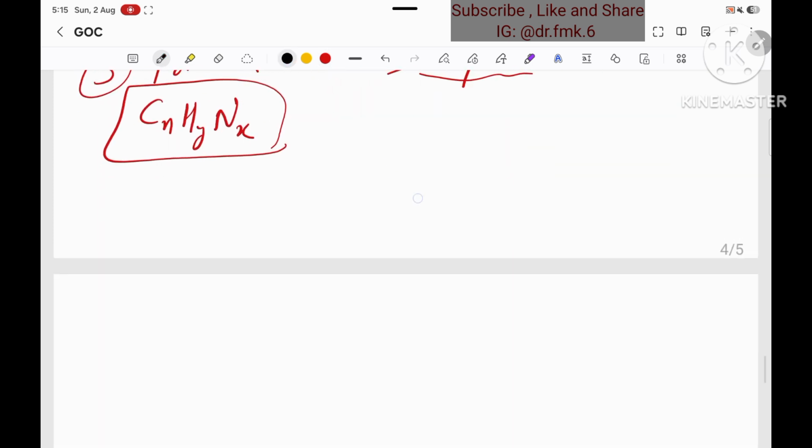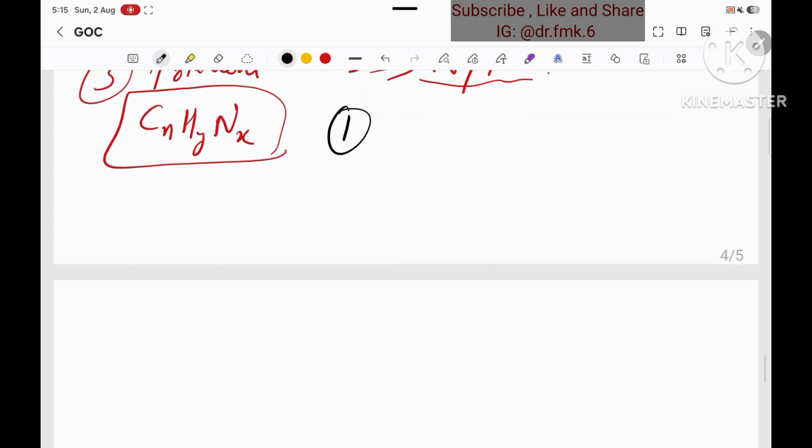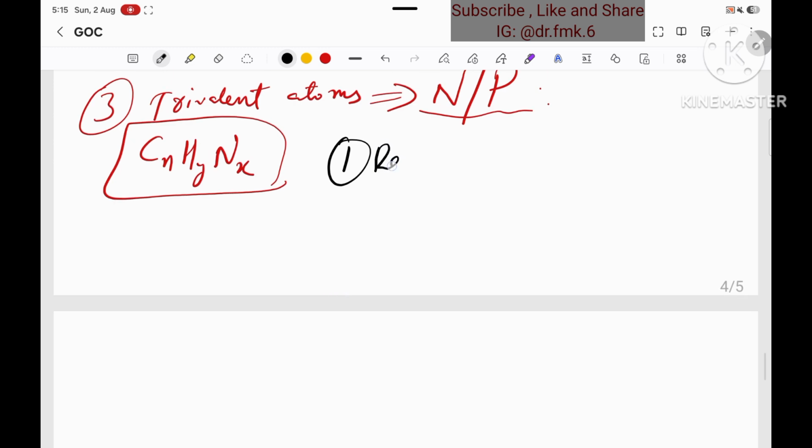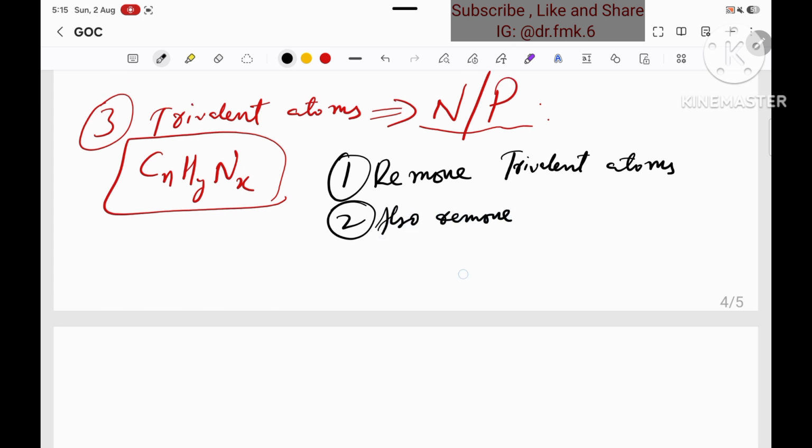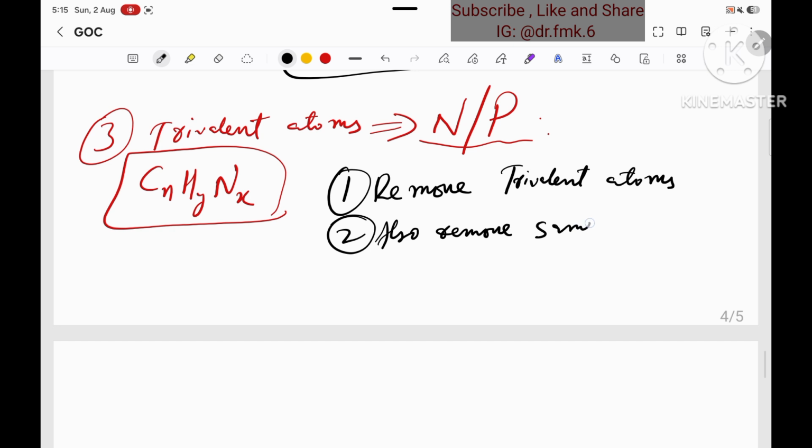We have to remember this. First, remove the trivalent atoms. And secondly, also remove the same number of hydrogen atoms.